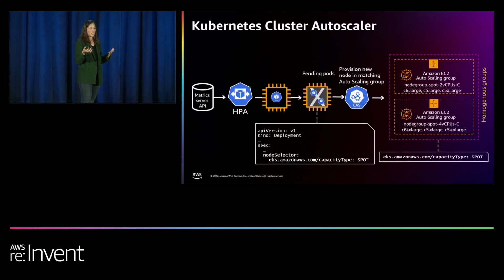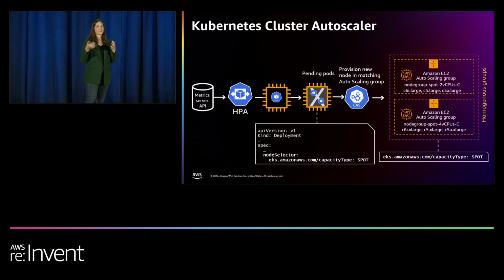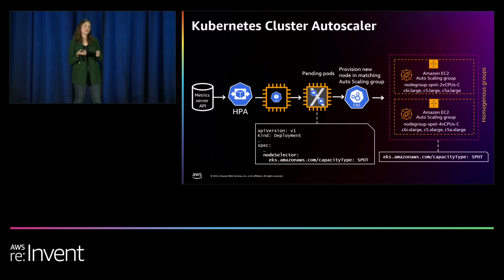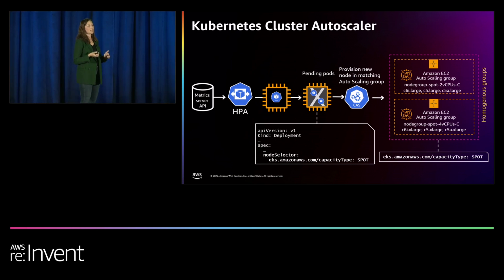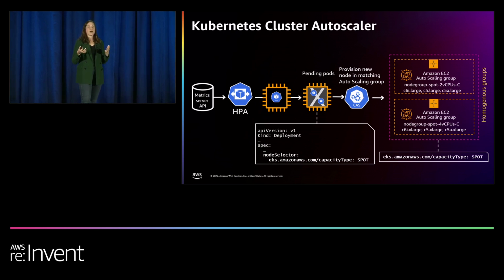Then cluster autoscaler is in charge of identifying that event and provisioning a new node for that pod. How it works is it looks at the list of autoscaling groups that it's in charge of, and it looks at the size of the pod.